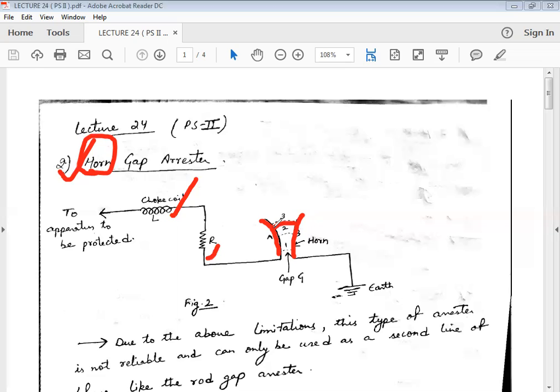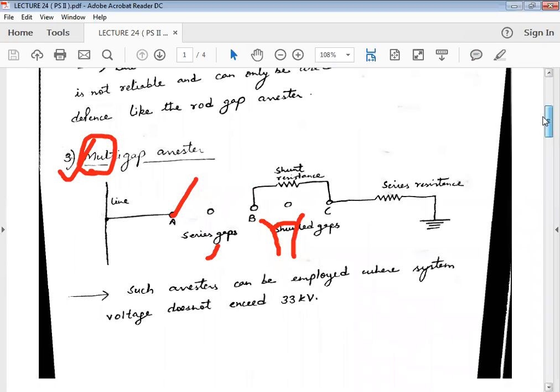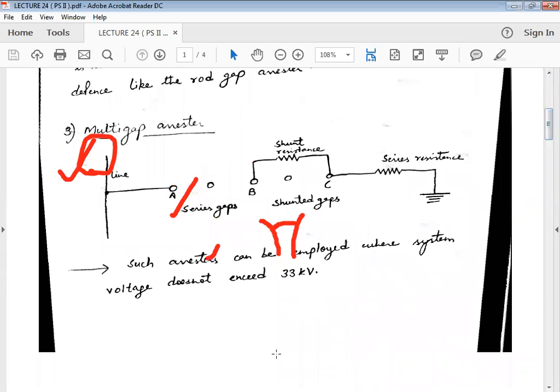Or, due to the moisture content in the air, the metals used in the horn may get demolished. So due to the above limitations, horn gap arresters are basically used as a second line of defense to the main arresters. Let us now discuss another category of arresters, that is multi-gap arresters.